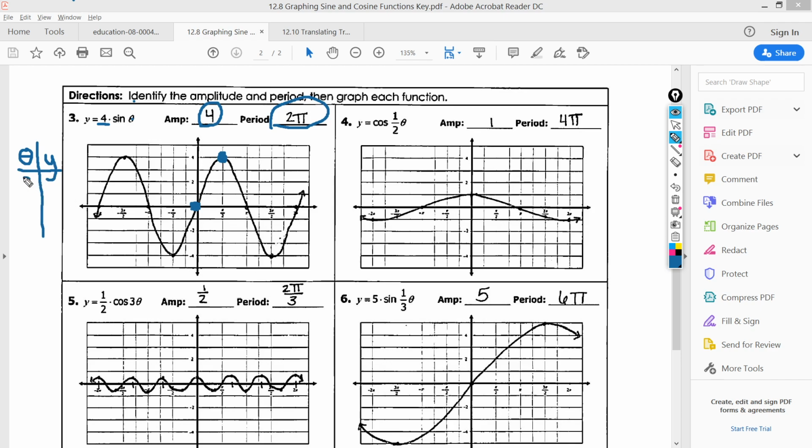So what are some angles we care about? 0, pi over 2, pi, 3 pi over 2, and then 2 pi. These are the values we care about, right?